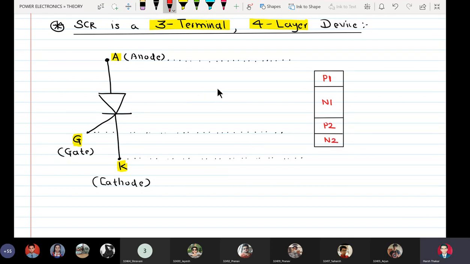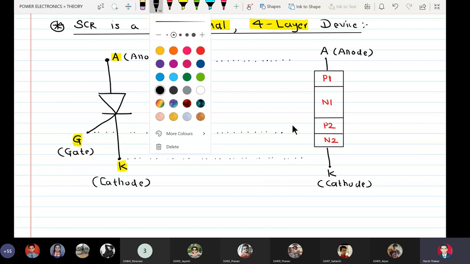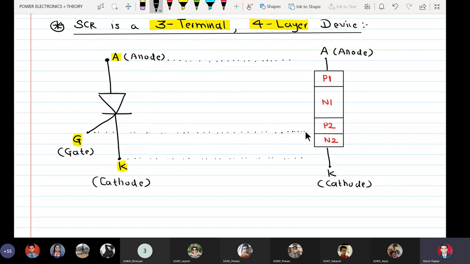Naturally, if you want one-to-one correspondence between this symbol and this 4-layer structure, this is the anode A, then we have the cathode K, and this gate connects to the P2 region, that is the 3rd layer of the device.